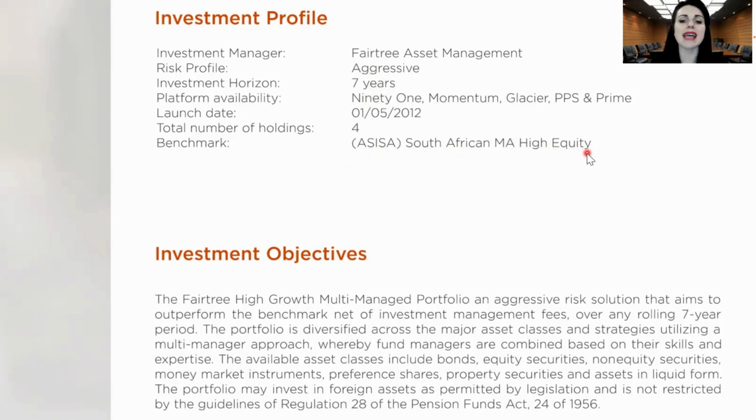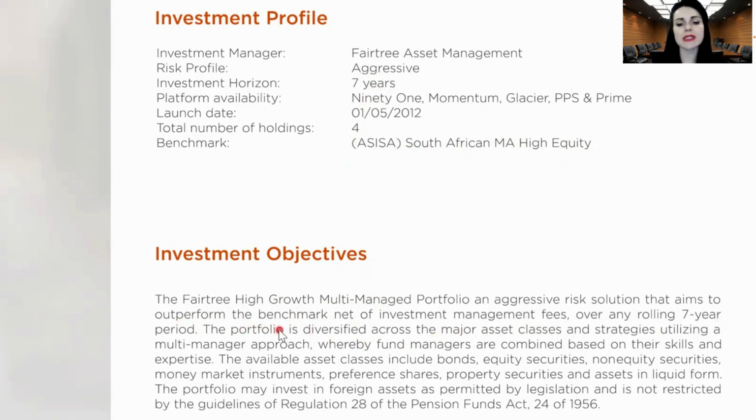So we more or less have an idea of what we can expect of this fund in terms of the investment horizon, and also when it comes to its asset allocation. If we had to look at the investment objective, you can see here that it wants to outperform the benchmark, of course, which is South African multi-asset high equity. And because it is multi-asset, it is diversified across all major asset classes.